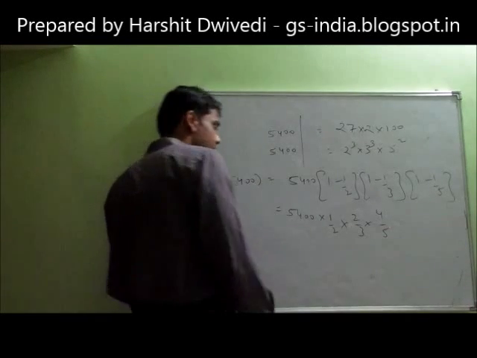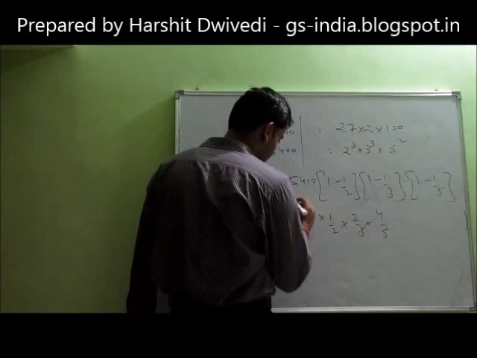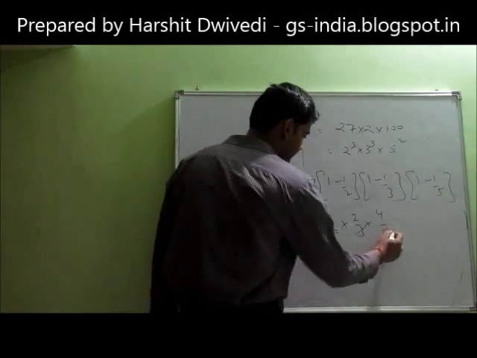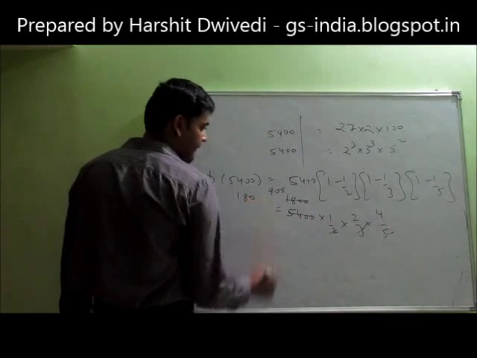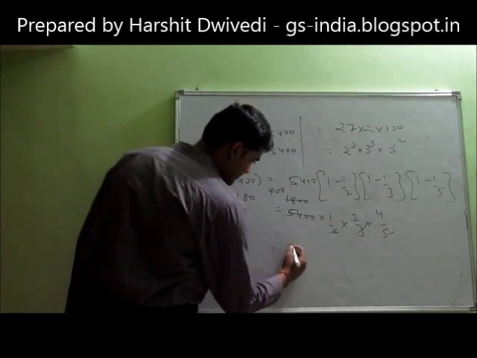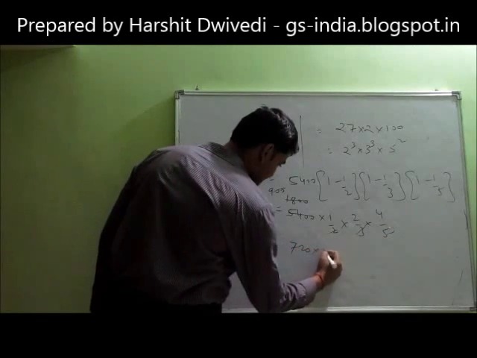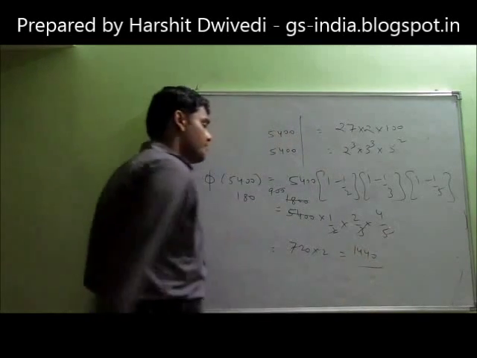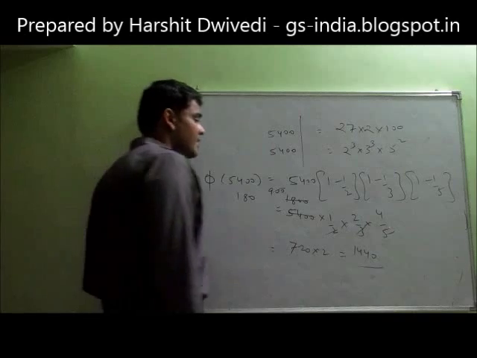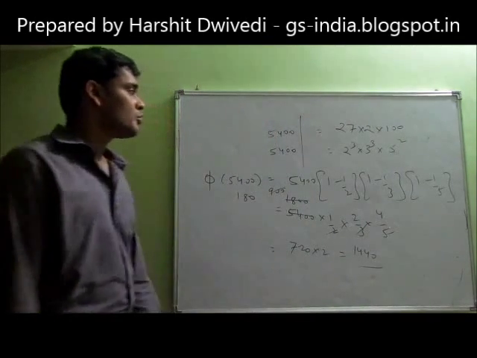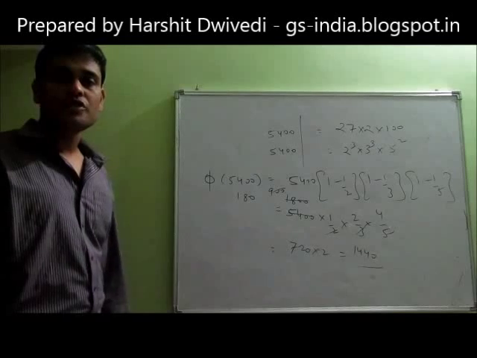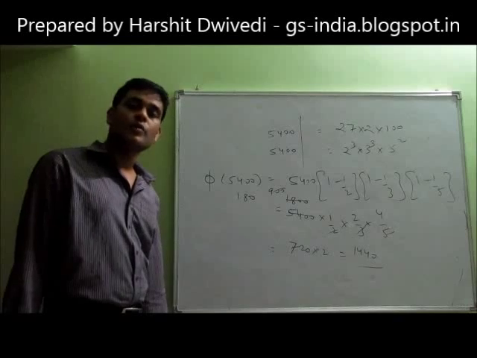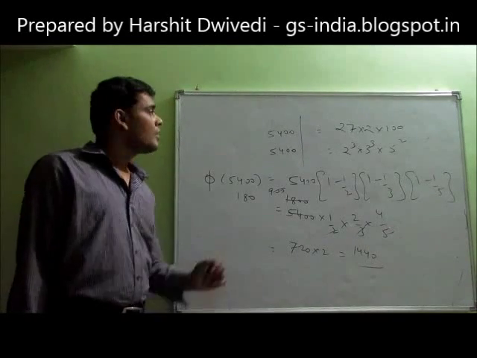Solving it, let us see what we get. So I got 1440. That means that there are 1440 natural numbers which are less than 5400 and are co-prime with 5400.